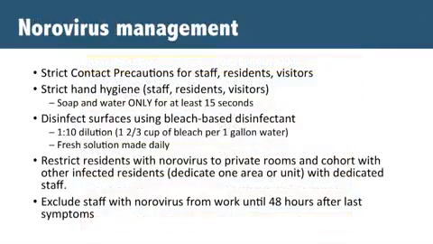Norovirus is highly contagious and often spreads quickly in nursing home settings. If you have residents or a group of residents with norovirus-like symptoms, they should be placed on contact precautions, ideally in a private room, and restricted to their rooms. All staff and visitors should wear a gown and gloves upon entry and should perform hand hygiene with soap and water only for at least 15 seconds before and after contact with the resident and the resident's environment.